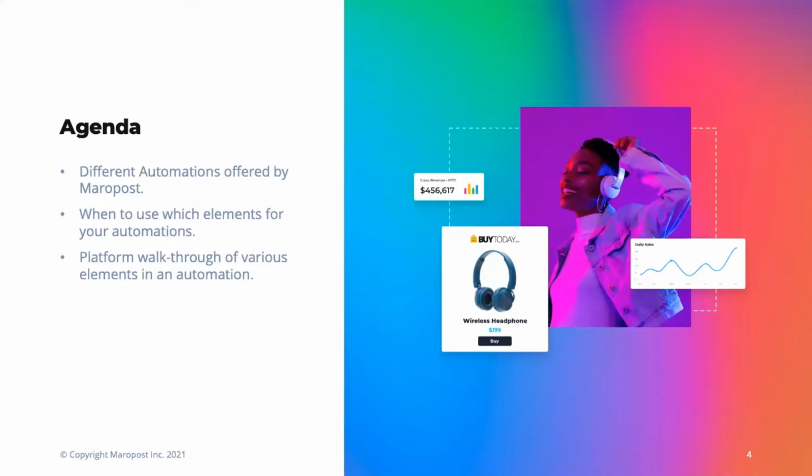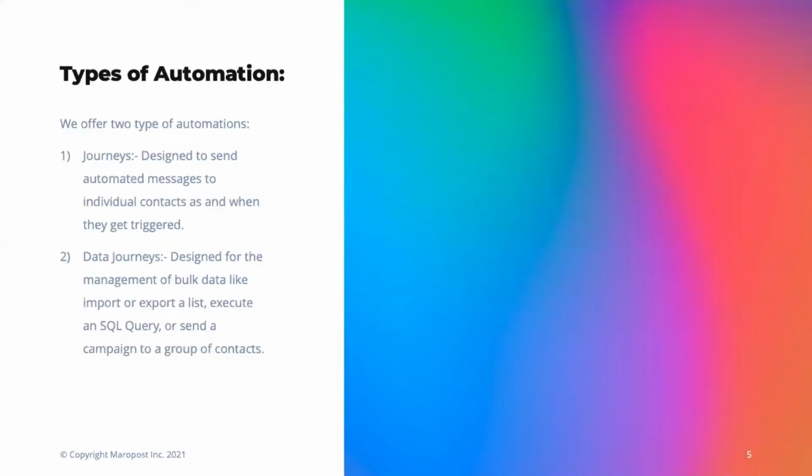on the Maropost UI. So Maropost offers two types of automations. The first is journeys, and the second is data journeys. Journeys are designed to send automated messages, or take contacts through a flow of an automated process, on an individual contact basis.